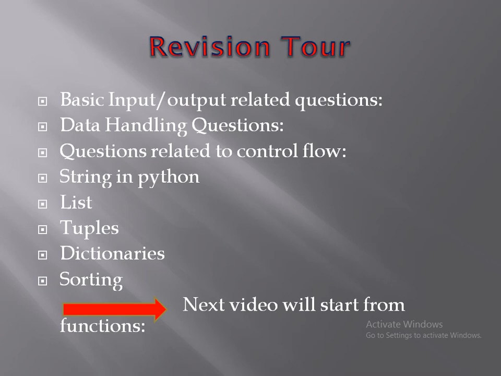Basically list, tuple, and string, all three are sequences, but there are some small differences between list and tuple. List is mutable and tuple is non-mutable. You already know very well what is mutable and what is non-mutable.